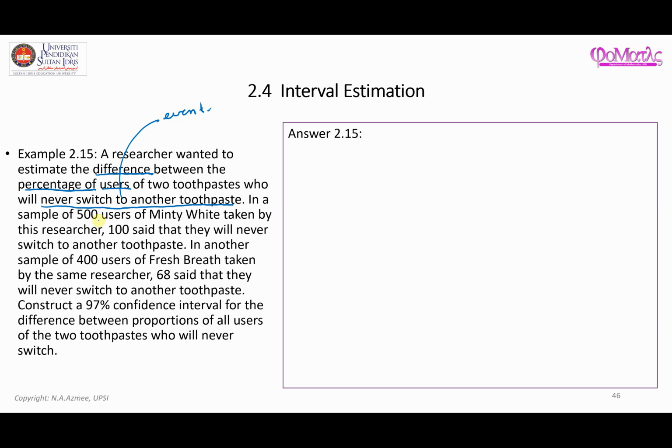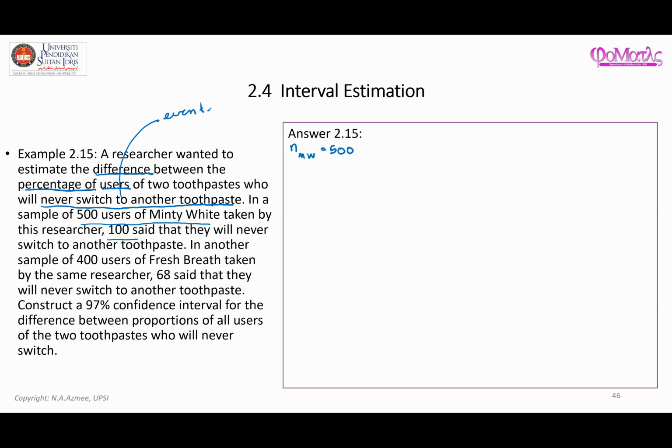In a sample of 500 users of Minty White taken by this researcher, 100 said that they will never switch to another toothpaste. So this one is the number of successes, which is X. I'm just going to write down the information given here. So far we have the sample size for Minty White, which is equal to 500.